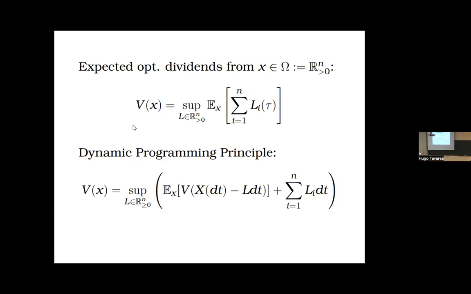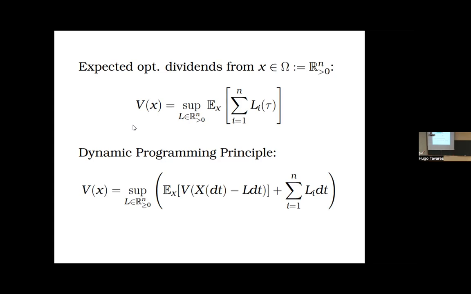So the idea is, you have X, this is a process that is driving the dynamics, and then L is what you're paying to your shareholders. And then V at this position an instant later, you take a peek into the future, and this expected value is what you will get from what will be your optimal strategy.